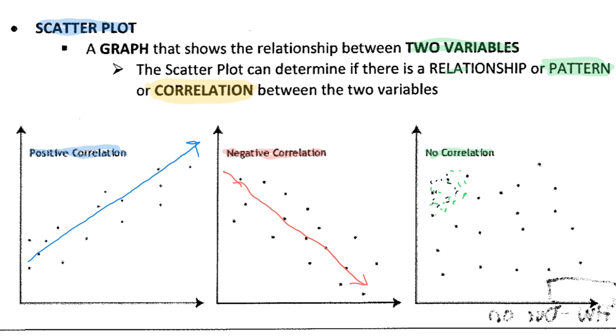If there were more dots right here than anywhere else, that would be a cluster, because there are more points clustered together than out there. But ultimately, it's still no correlation because all of these points don't really make any pattern.